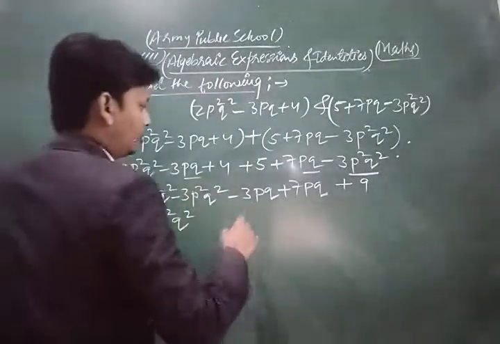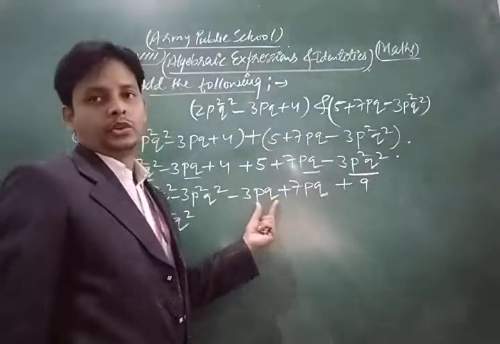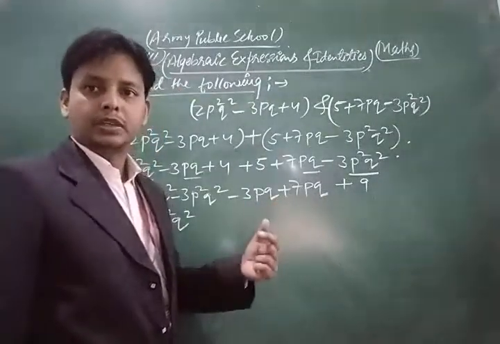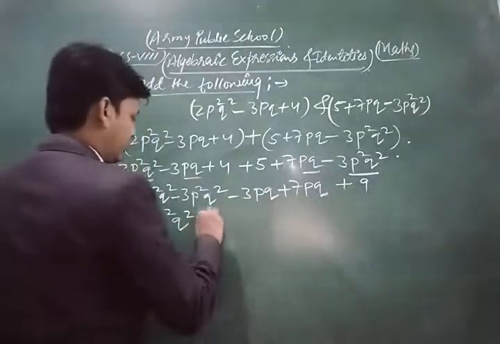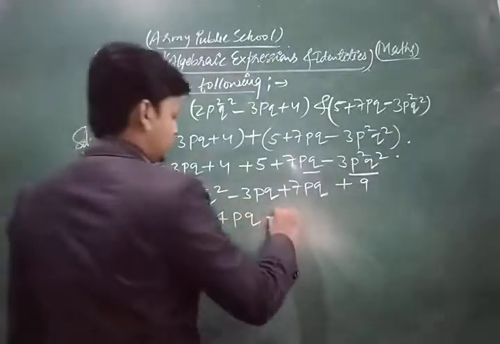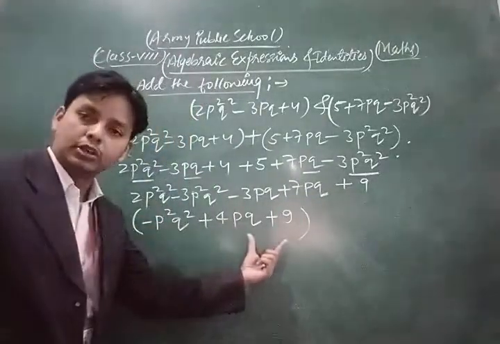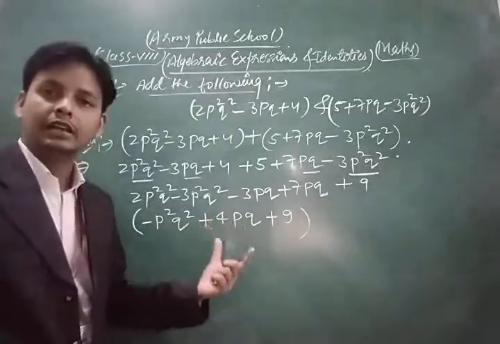Now look, this is 7pq and this is minus 3pq. Subtracting them, we get plus 4pq. Now we have plus 4pq and plus 9. We never add these terms because all are unlike terms.